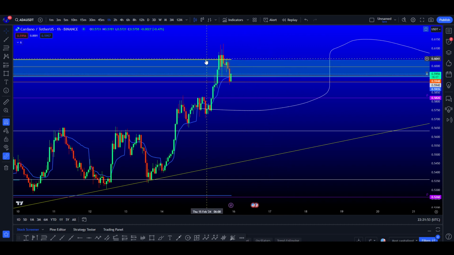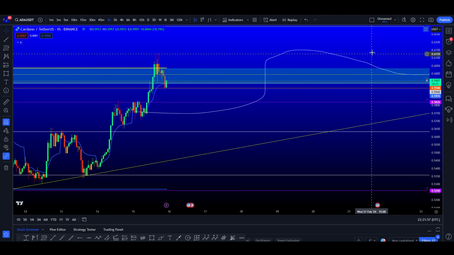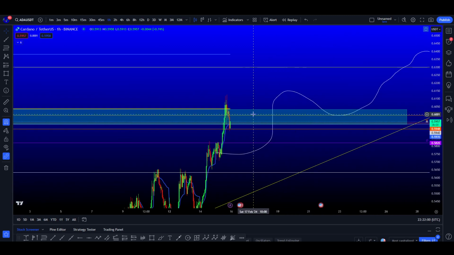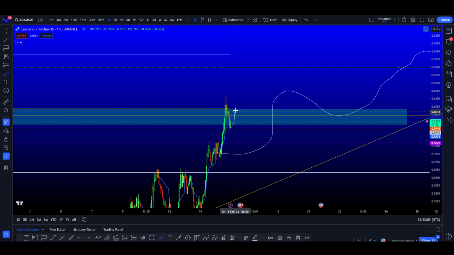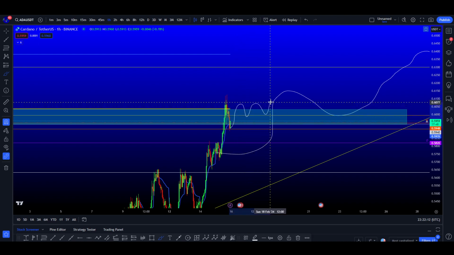So remember, this is a huge zone, and the moment that we get this zone to flip into support unanimously, right, then we can definitely expect higher prices. So we really need to see price come up and really start trading around here, right?